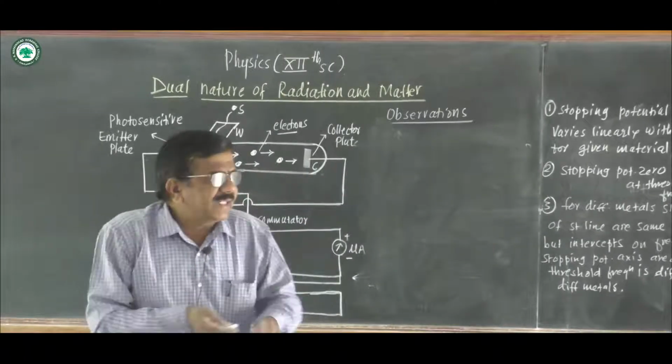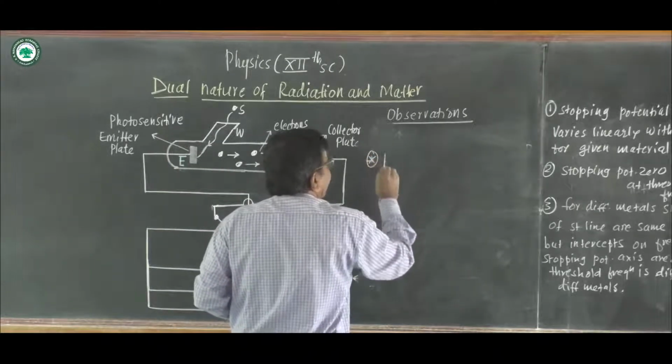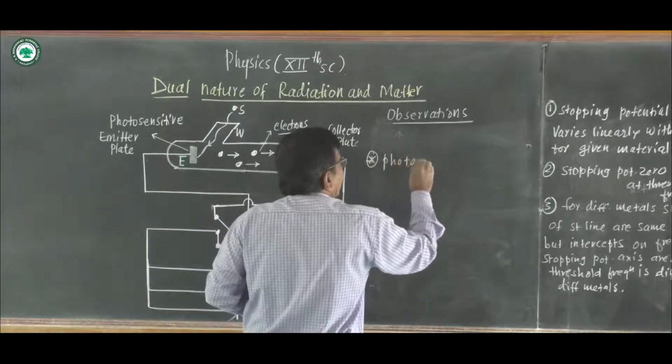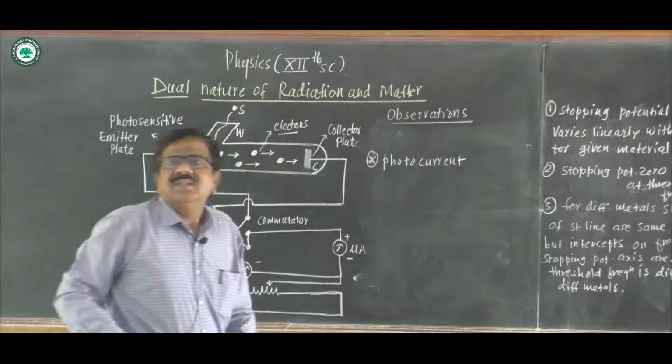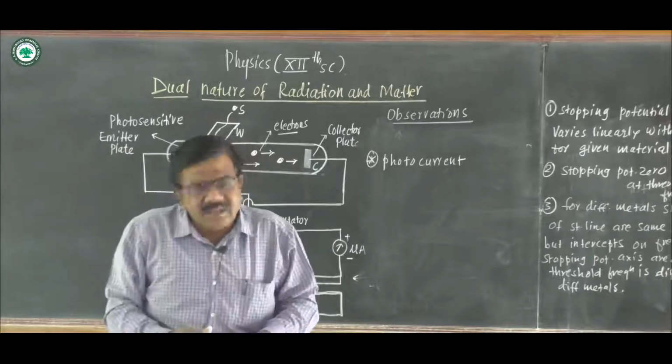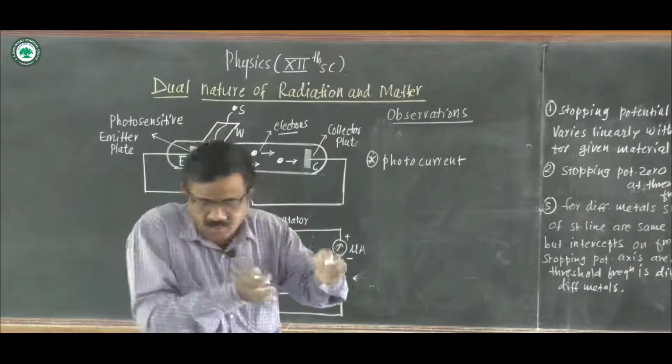The photoelectric current or photocurrent depends on the number of electrons. If more electrons are emitted, the photocurrent is also more.